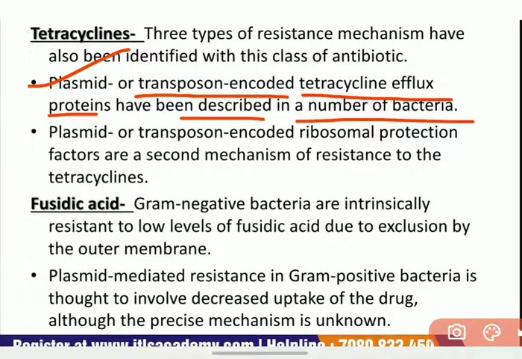These efflux proteins are thought to span the cytoplasmic membrane and are dependent on the proton motive force for their action. It is thought that the efflux proteins bind tetracyclines and initiate proton transfer, although no functional domains have been identified.